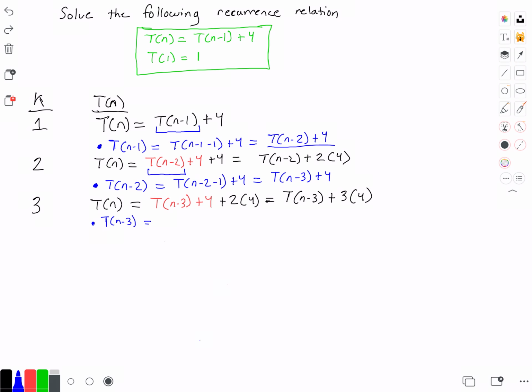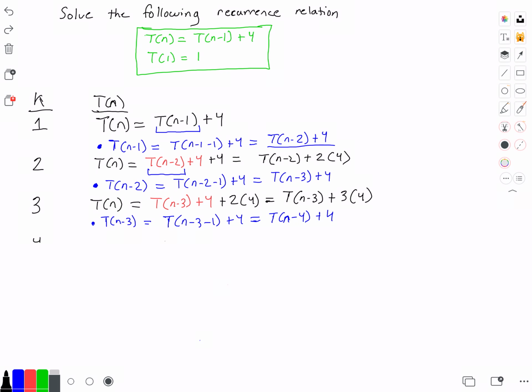Okay, so this is equal to T of n minus 3 minus 1 plus 4. And then this is equal to T of n minus 4 plus 4.